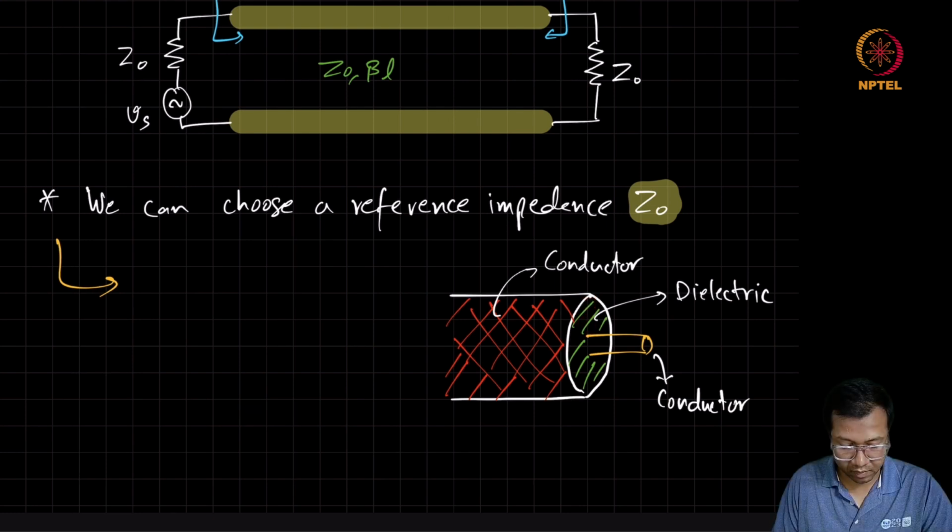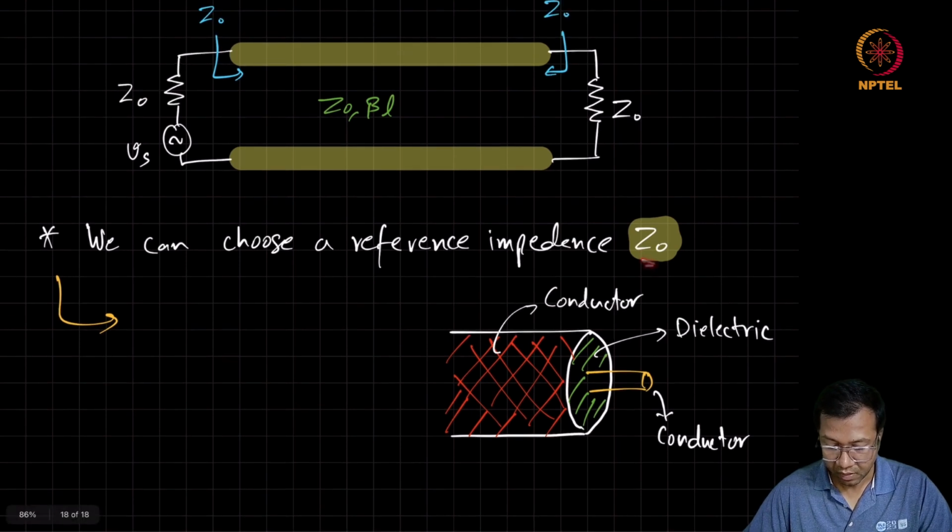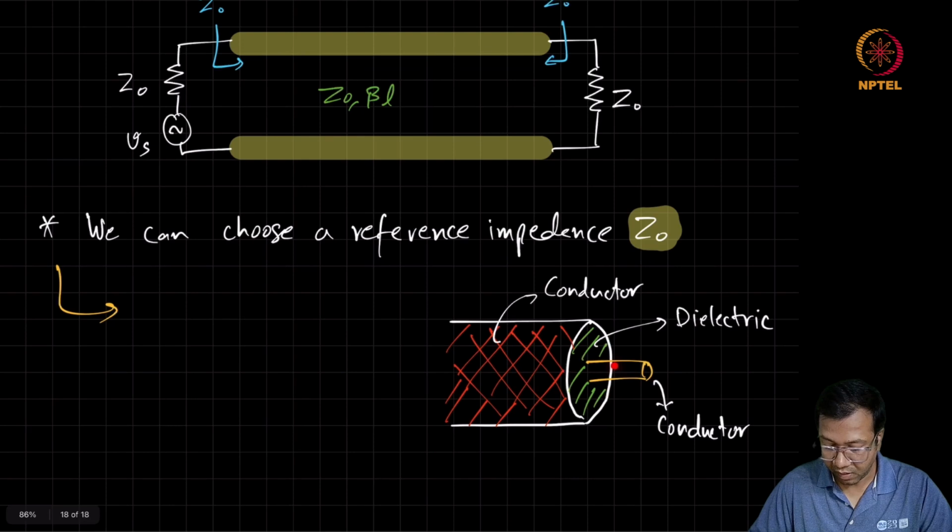We can think of first trying to choose as high a value of reference impedance as possible. The reason being, if the reference impedance is very high, then even though there may be a small loss in the coaxial cable, the overall attenuation in the system is going to be low.